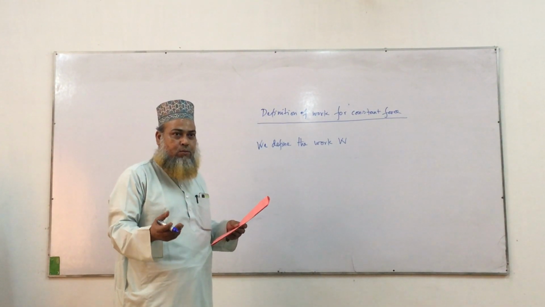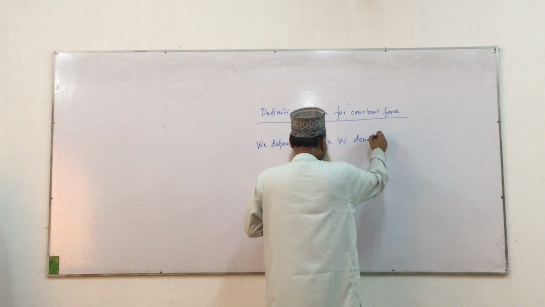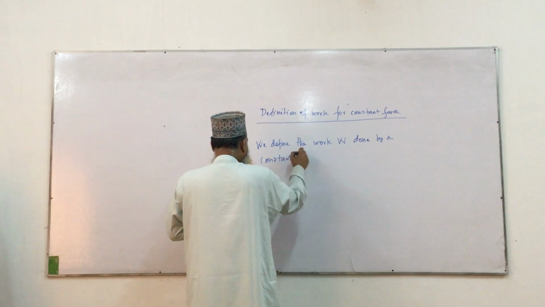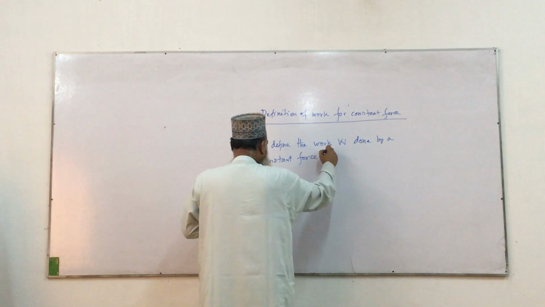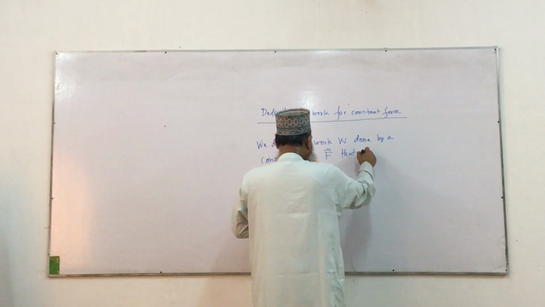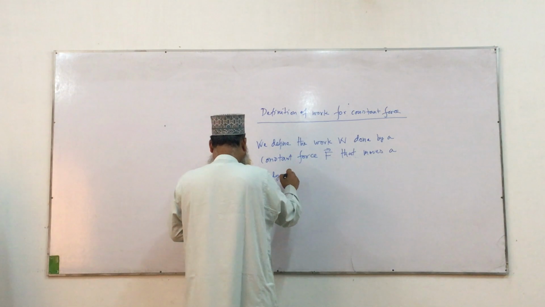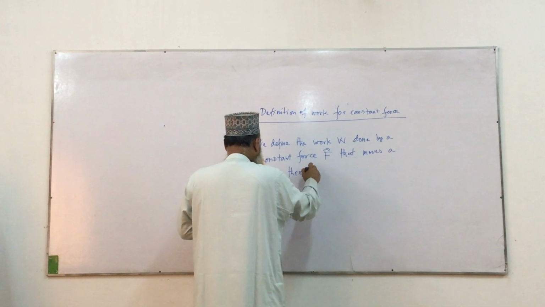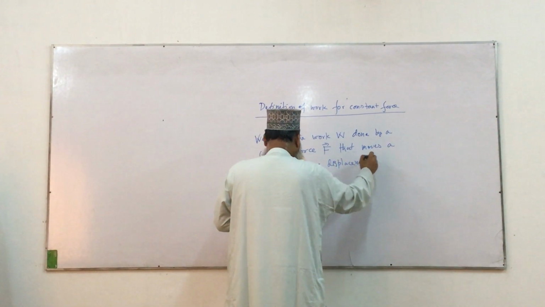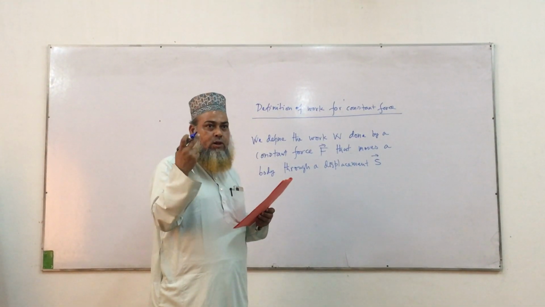Work is symbolized by W. We define the work W done by a constant force F that moves a body through a displacement S. I remind you, displacement is always a vector.